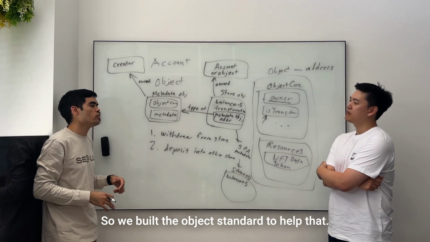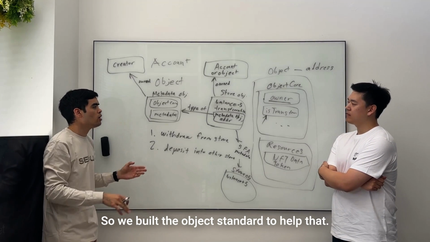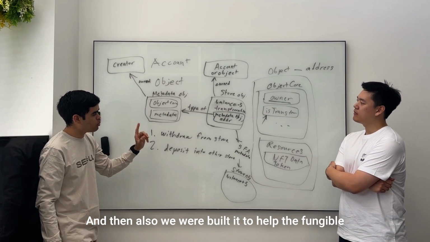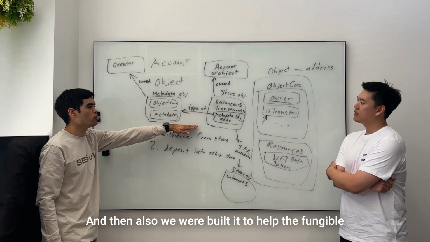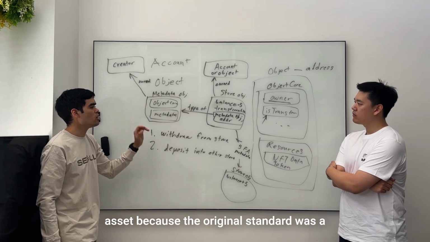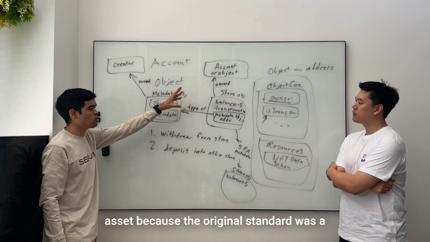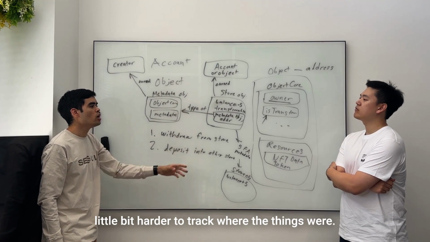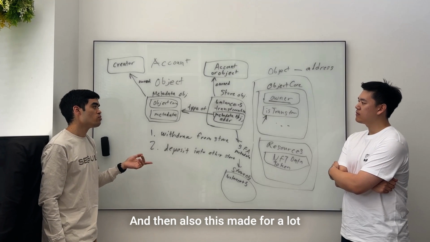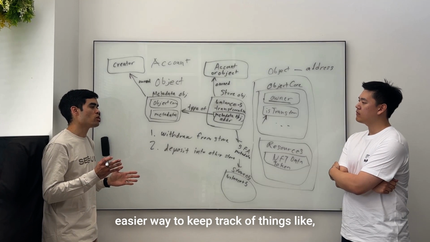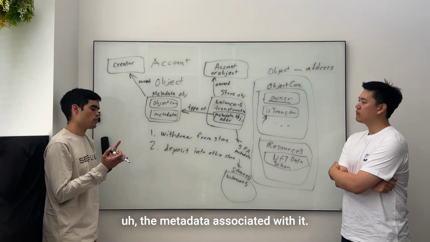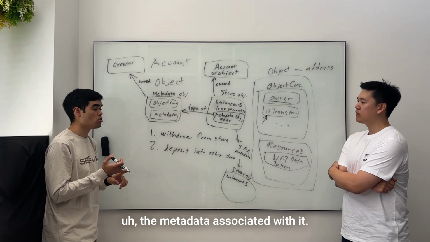So we built the object standard to help that, and then also we built it to help the coin or fungible asset, because the original standard was a little bit harder to track where the things were, and this also made for a much easier way to keep track of things like the metadata associated with it.